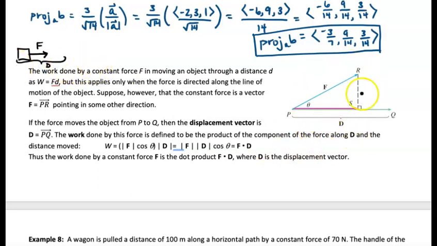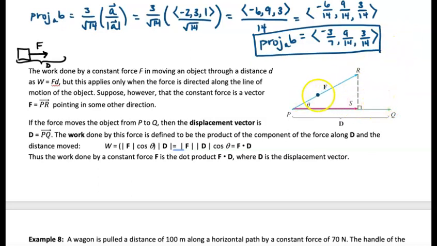But in most cases, our force is actually not in the exact direction of the object's movement. So say we're dragging something, and we're dragging this object, and our force is actually at some angle. If we are, for example, pulling a wagon, we might actually be pulling it up as we're trying to move this object forward.